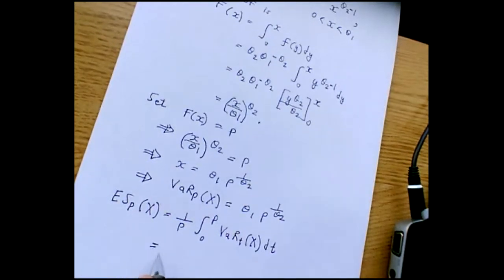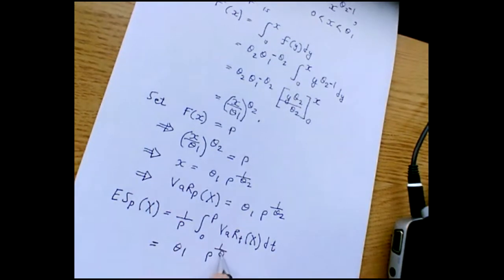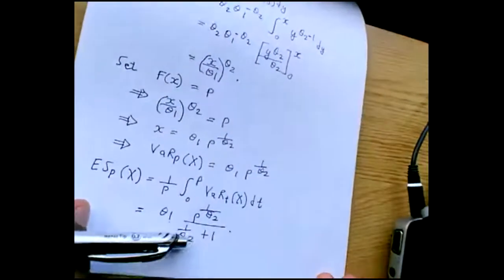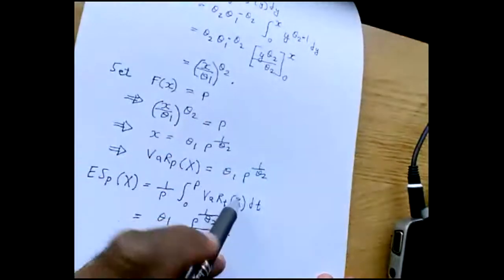Correct me if I'm wrong, but this is what I'm getting, divided by 1 over theta 2 plus 1.